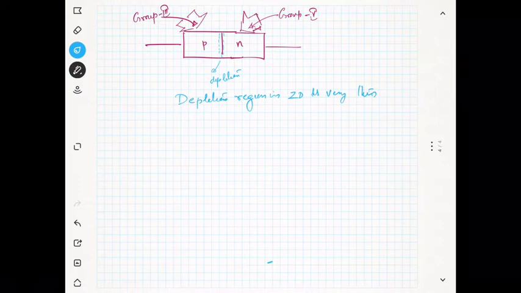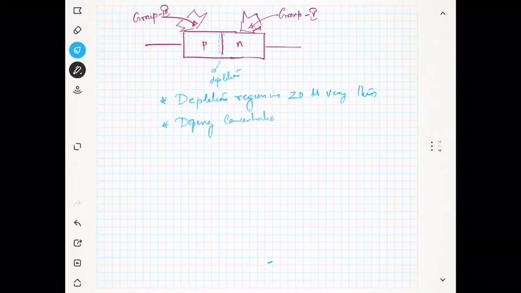So when you apply the reverse bias voltage, the doping concentration, I will write this also, is very high in Zener diodes.